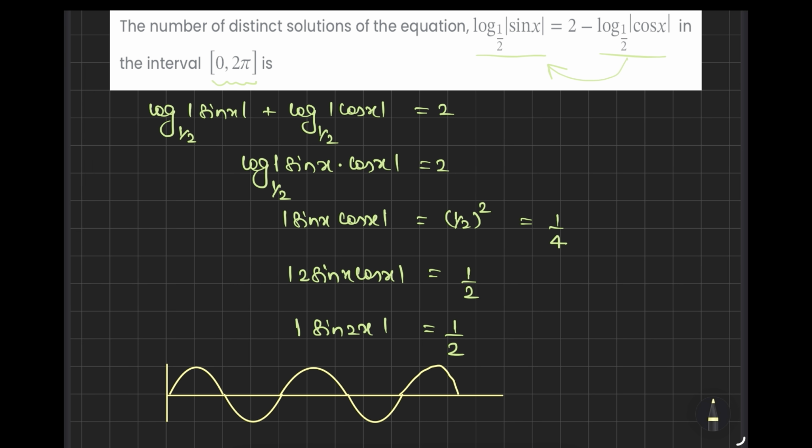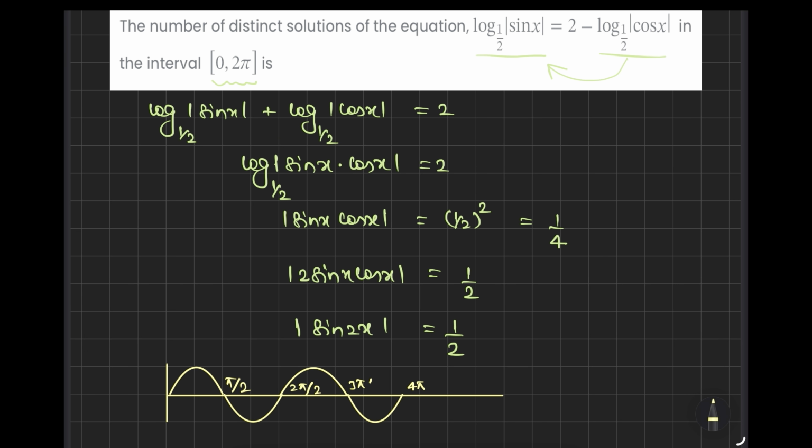And we have to draw till 2 pi. So you know it is pi, it is 2 pi, it is 3 pi, it is 4 pi. And also you know that you have multiplied x with 2, so you have to divide x by 2.